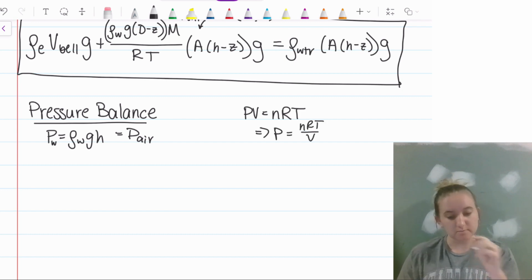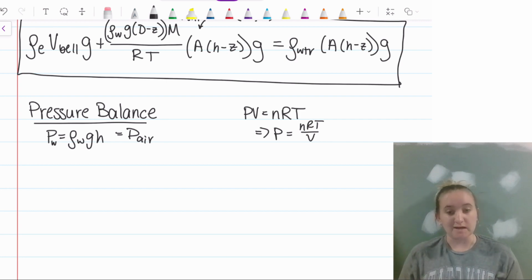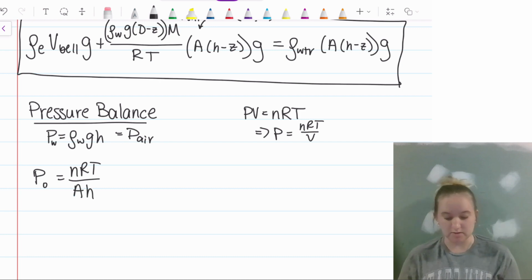So if we're thinking about how the pressure changes from the surface of the water before the bell is submerged and then the pressure at the bottom, we're going to have an initial state of pressure and a final state. Our initial state I'll call P naught, which is going to be equal to nRT over A times H, because that's our volume initially.